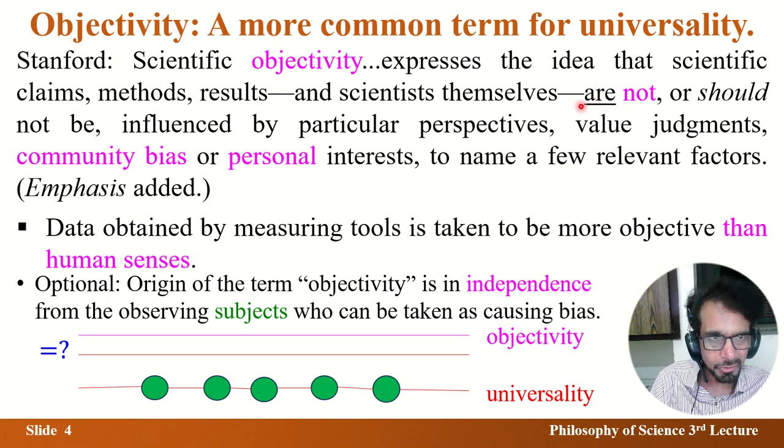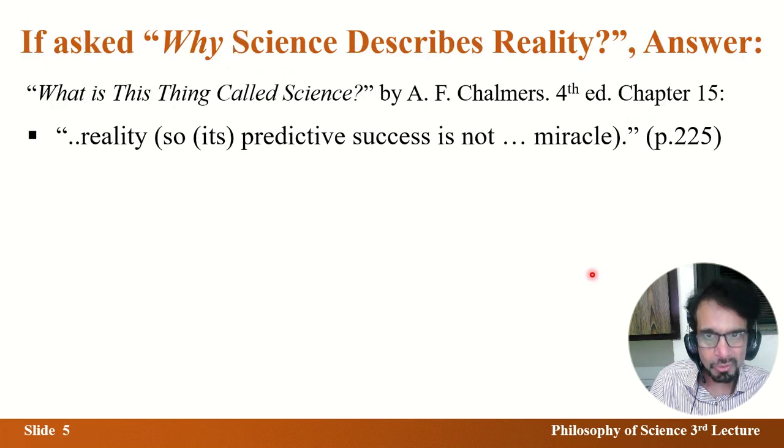And now I go to another thing, the next discussion: we should say science is free of bias, or science should be free of bias. To start that discussion, I take you again to the sentence I spoke in the previous slide, that science describes reality. Now, if you ask why science describes reality, then the answer is what is technically called scientific realism. I take the wording from a recognized philosophy of science book titled What Is This Thing Called Science by Chalmers.